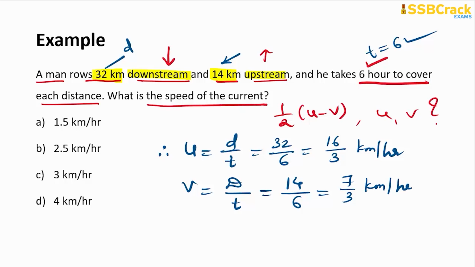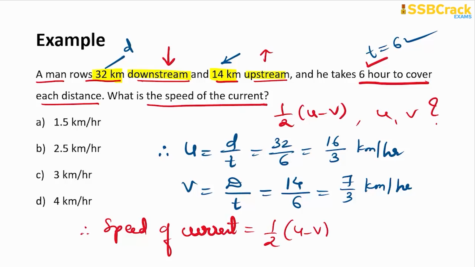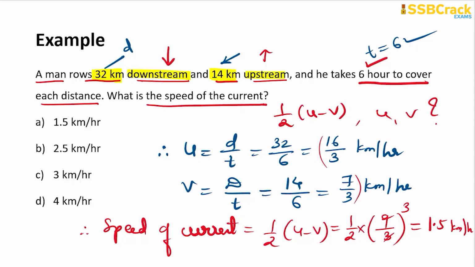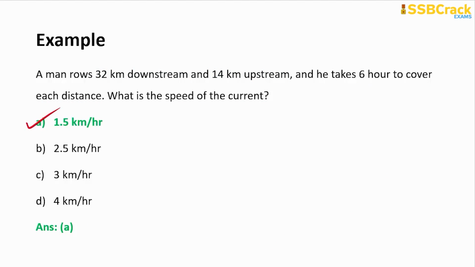Now we are ready to calculate the required speed, that is the speed of current. It is half times u minus v, that is half times 16 by 3 minus 7 by 3. That will be 9 by 3, because 16 minus 7 is 9, and simplification gives 3 by 2, which is nothing but 1.5 kilometer per hour, and hence the right choice has to be option A. You can cross check, the right key is option A only.